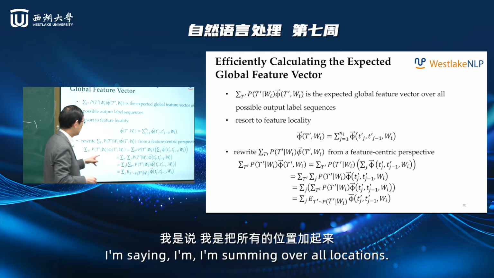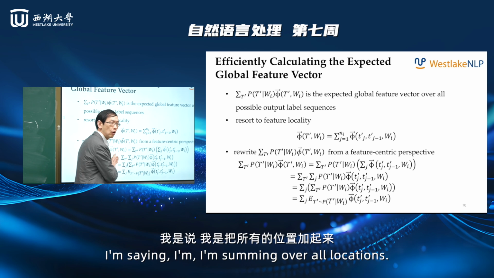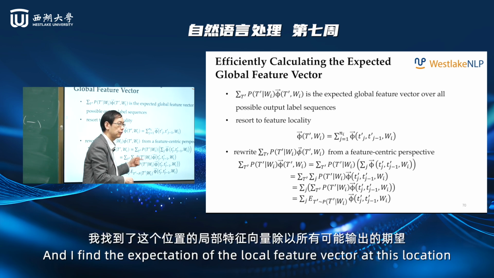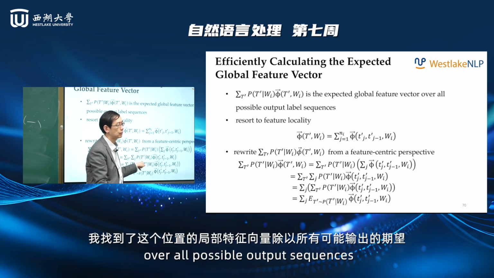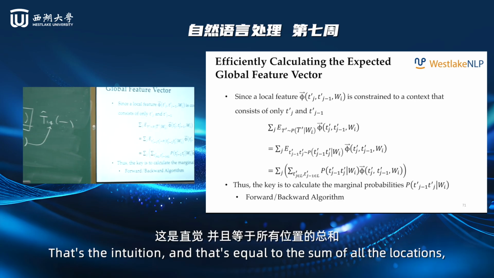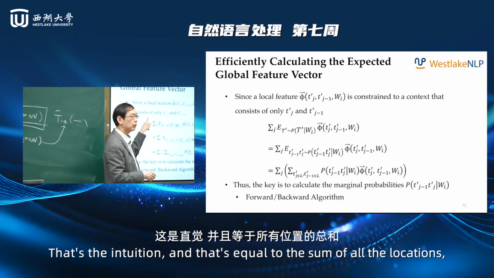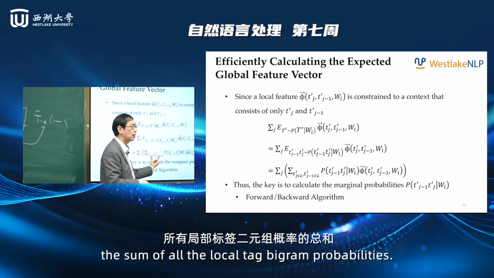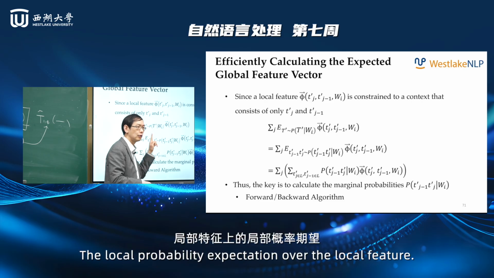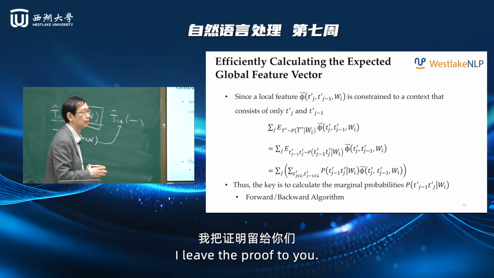I'm summing over all locations, okay? And I find the expectation of the local feature vector at this location over all possible output sequences. That's the intuition. And that's equal to the sum of all the locations, the sum of all the local tag bigram probabilities, okay? The local probability expectation over the local feature. I leave the proof to you.